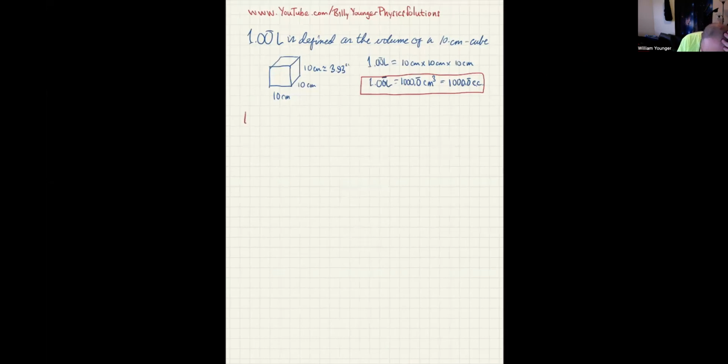So let's say 1.00 cubic meters. And I'm getting ready to do a conversion, and just because people aren't that gifted with fractions, sometimes it helps to put it over 1, so we'll know exactly where that 1 is. And what we do know is that there is 1.0 bar meters in 100.0 bar centimeters.